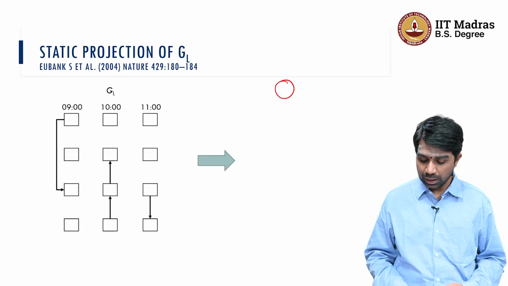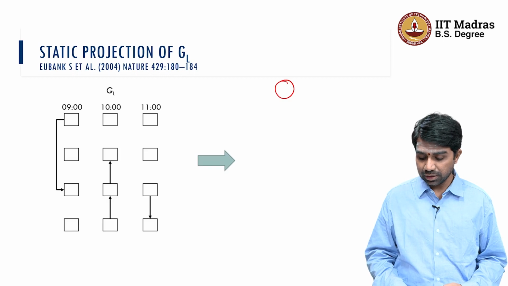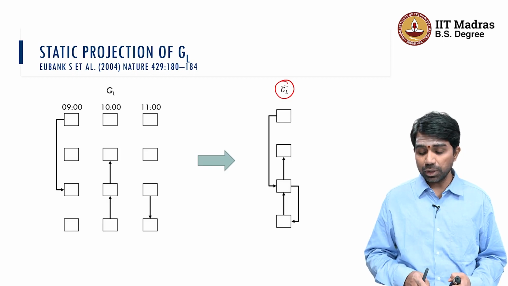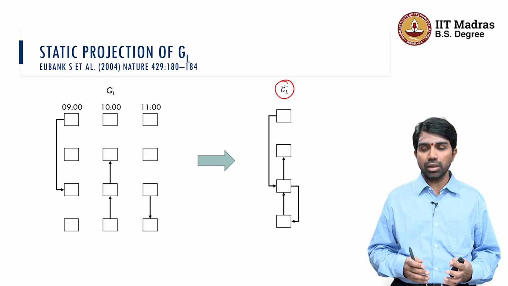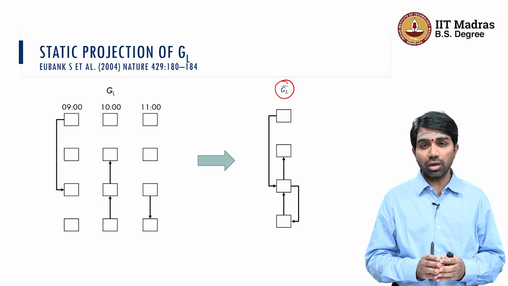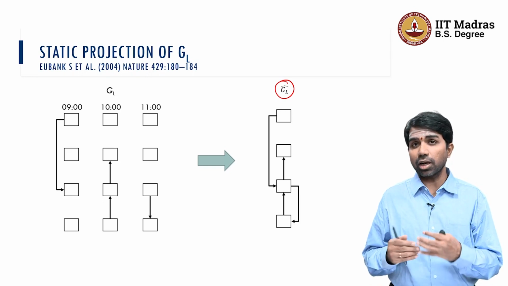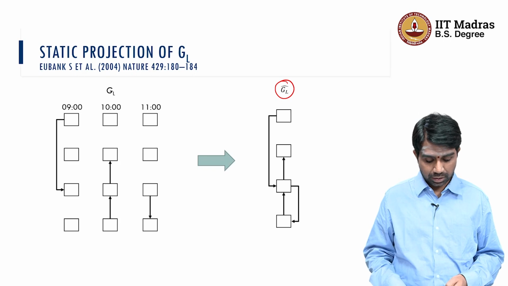You have GP and GL. So GP hat and GL hat, and these two networks are not time varying, but they represent the synthesis across time scales, across time points, and what you have is a sort of upper bound on the interactions, right.